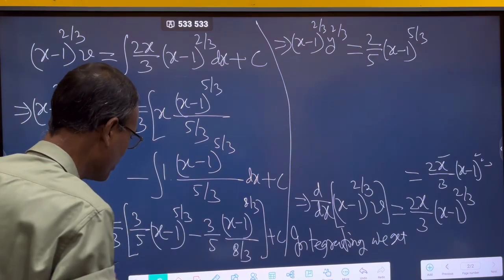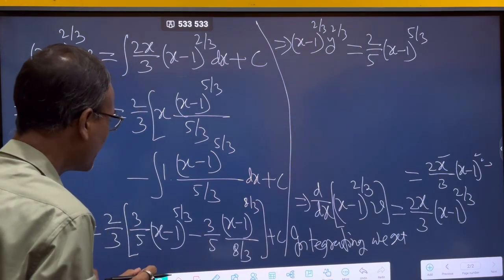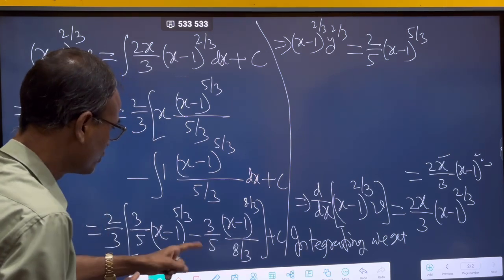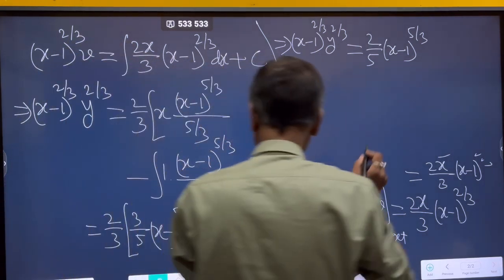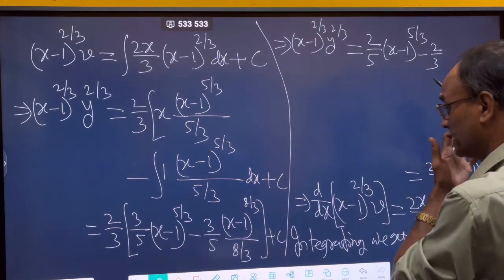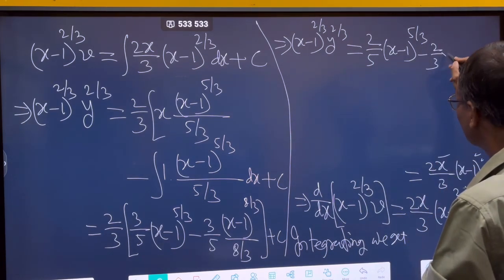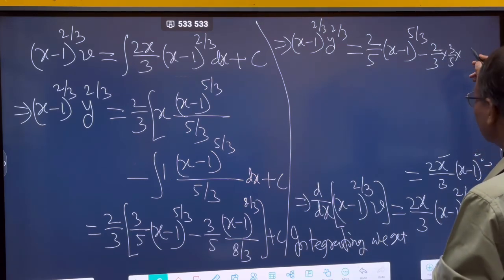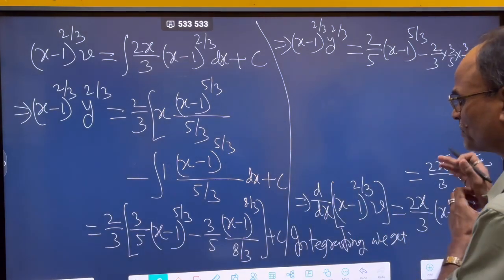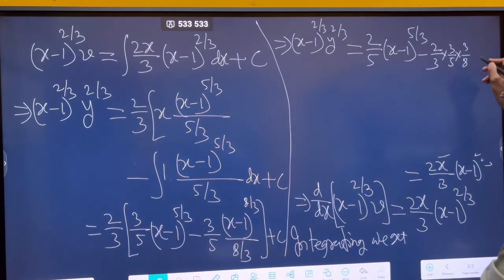This 3 will be cancelled and this 3 will be there. Or you may write it like this: 2/3 into 3/5 (x - 1)^(5/3), minus 2/3 into 3/5 into 3/8 (x - 1)^(8/3) plus c.